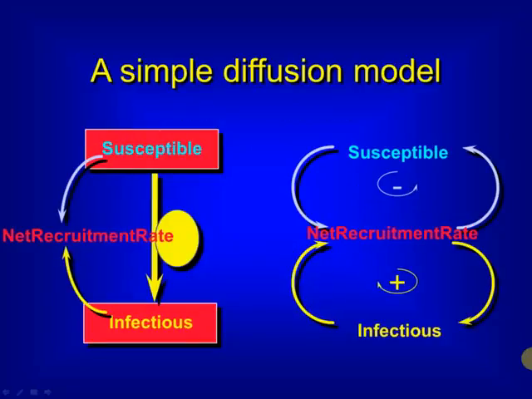It is represented in the form of a stock and flow diagram and in the form of a causal loop diagram. So in this case, whether you want to talk about this as a market model, or as a diffusion model of disease, or as a model of spreading a message or employing a technology in society, diffusion can be used in many contexts. You have a number of susceptible people there.